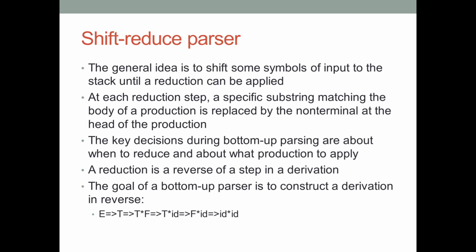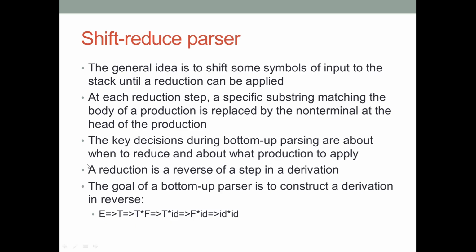Now we are going to discuss the shift reduce parser. The shift reduce parser does four actions. The first action is shift, the second is reduce, the third is accept, and the fourth is error. The general idea of the shift reduce parser is to shift some symbols of input to the stack until reduction can be applied.